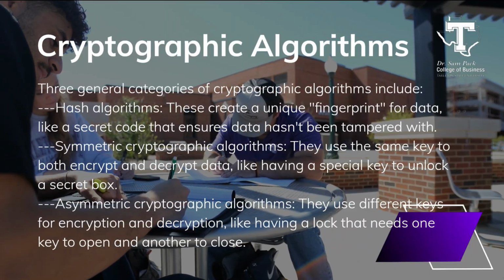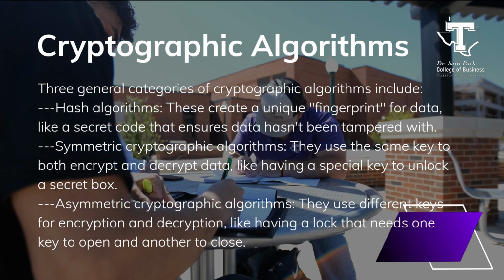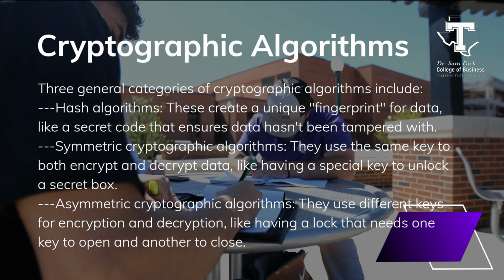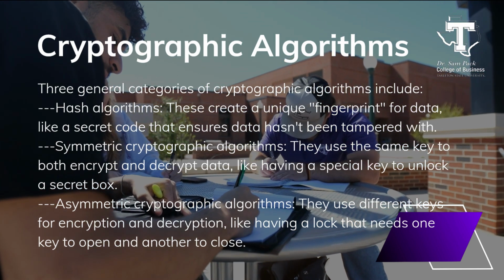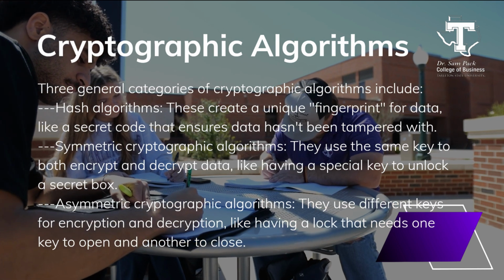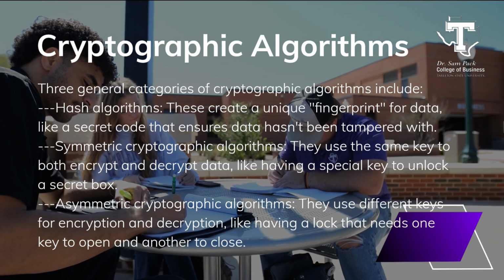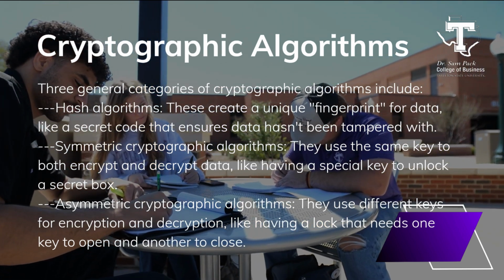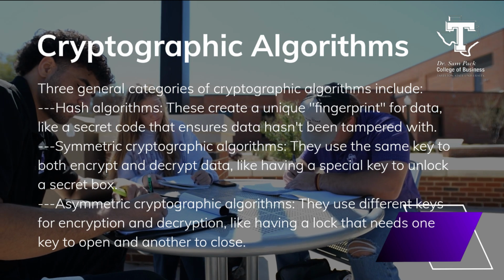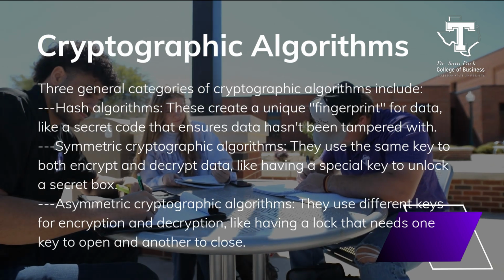In the world of cryptography, we have different tools that work together to keep your information safe. First, there are hash algorithms. These create unique codes for your data, acting like secret fingerprints to ensure nothing has been altered. Next, we have symmetric cryptographic algorithms. They use the same key to both lock and unlock your message, just like a special key for a secret box.